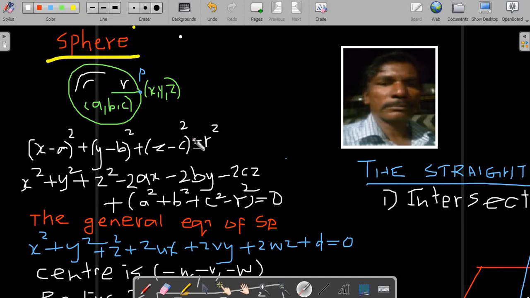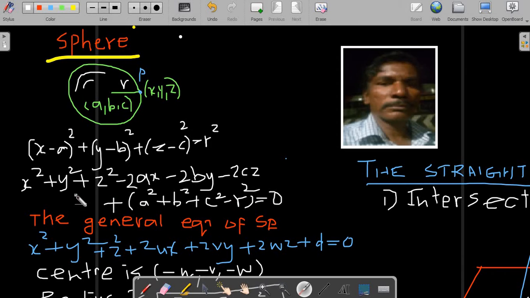Now this is what we say a sphere. If you expand this using the square formula and simplify, you will get this equation: x square plus y square plus z square minus 2ax minus 2by minus 2cz plus a square plus b square plus c square minus r square equals 0.